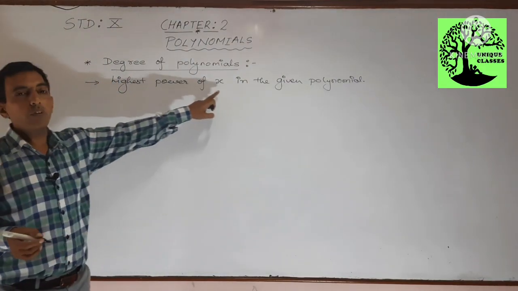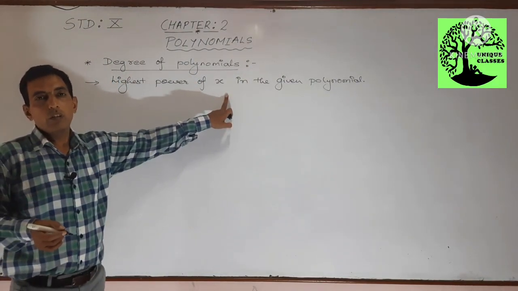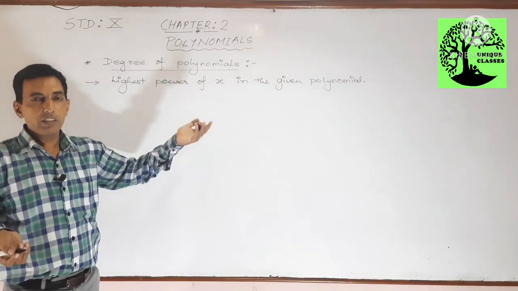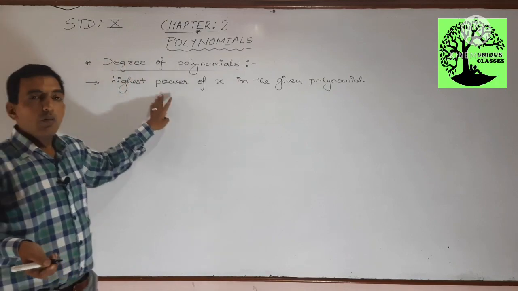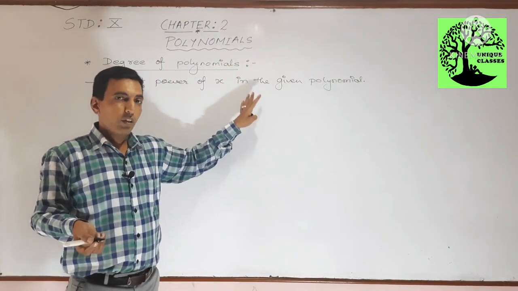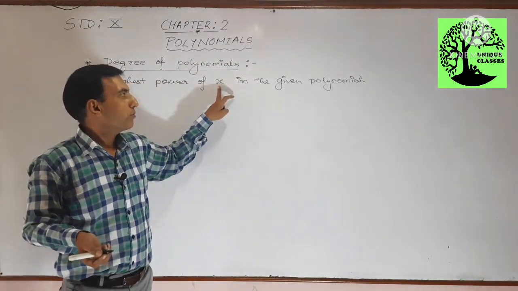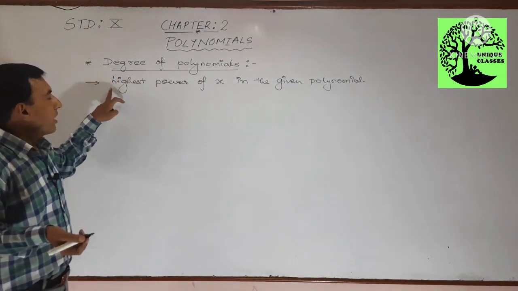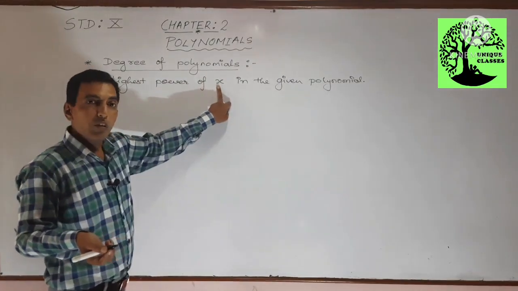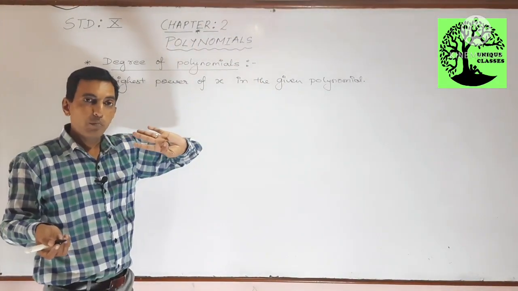Highest power of x, that is variable. Now the variable can be y also, z also, any English alphabet it can be, but we are discussing how to find degree of polynomial in one variable. So that's why, and most of the polynomials we are considering x. Okay, so highest power of variable you have to consider in the given polynomial.